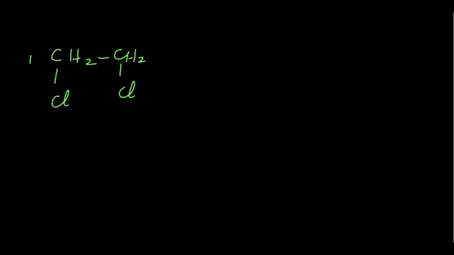Now we will see what the two steps are. In the first step, this vicinal dihalide is treated with alcoholic solution of potassium hydroxide. It means we dissolve potassium hydroxide in alcohol. Now we will see what product is formed.